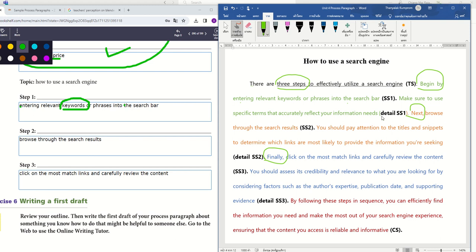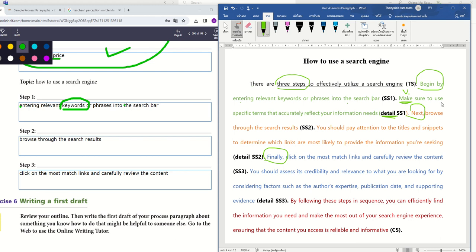But as you can see here, again, details. So I add one more sentence in order to provide more detail on how to put the relevant keywords. Make sure this is in imperative form. Start with a verb infinitive. So when you write your paragraph, you can also do things like this.